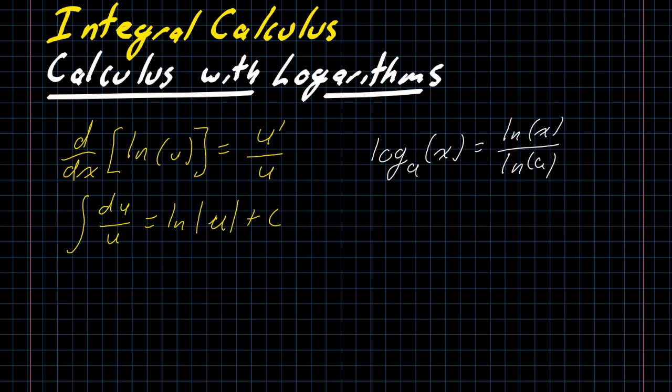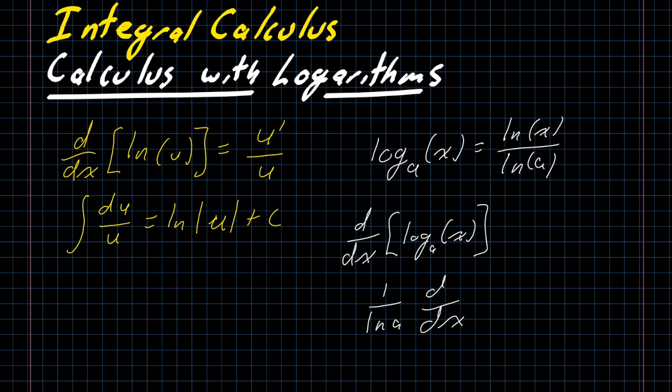And from that, if I want to take the derivative of log base a of x, I would take that natural log of a out, and it would be 1 over natural log of a times the derivative of the natural log of x. I'm running out of screen space, so let's just go across here.